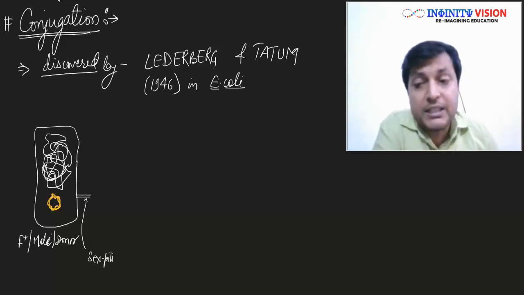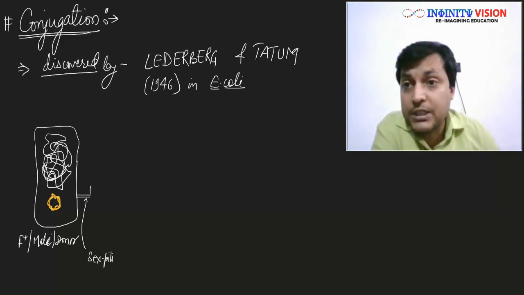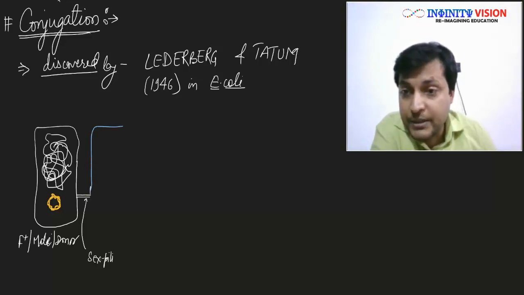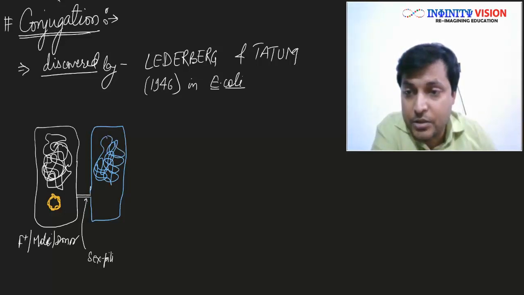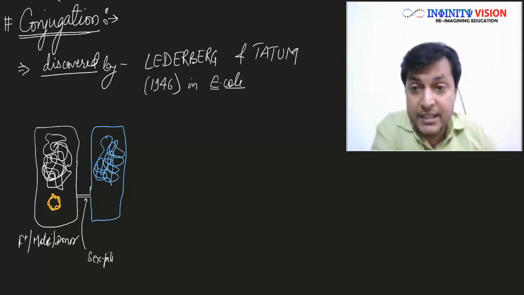Now with the help of this sex pili, which is a tubular structure, this bacteria can bind and do sexual reproduction with another bacteria. So say for example, this is another bacteria. Okay, now this bacteria only has its chromosomal DNA and there is no plasmid, so it does not have that F plasmid, hence it is what?